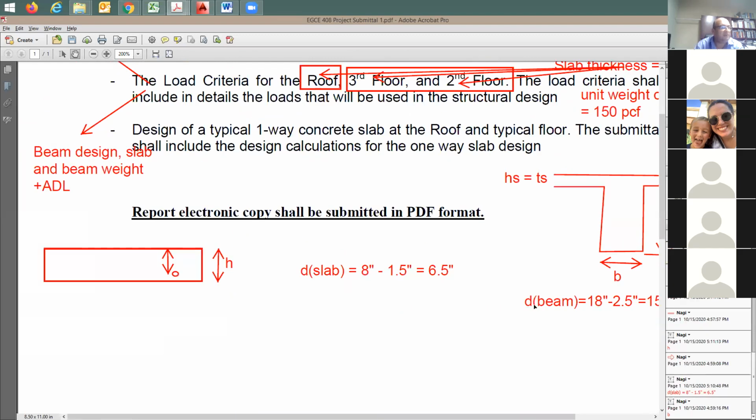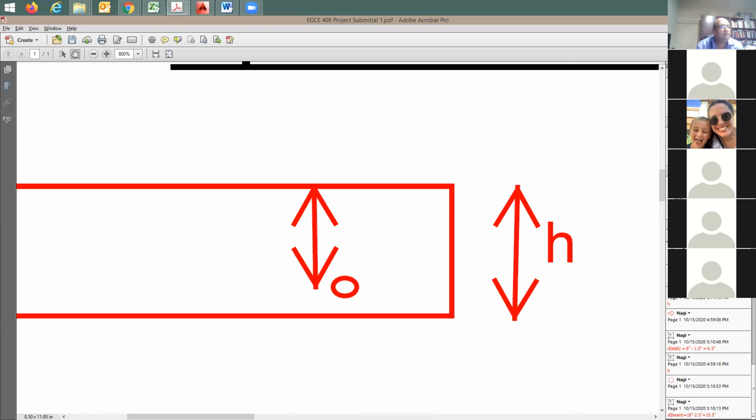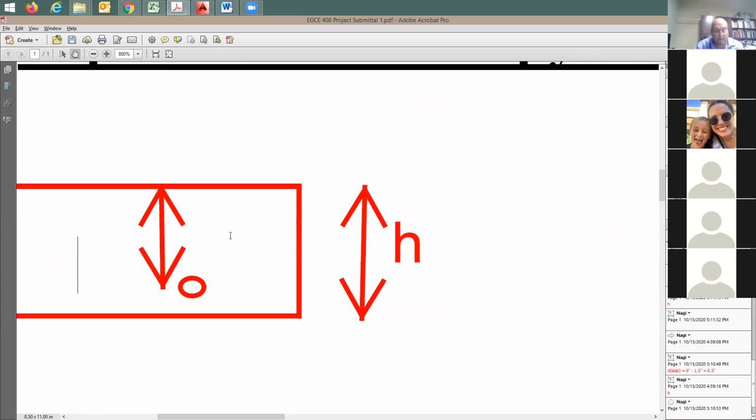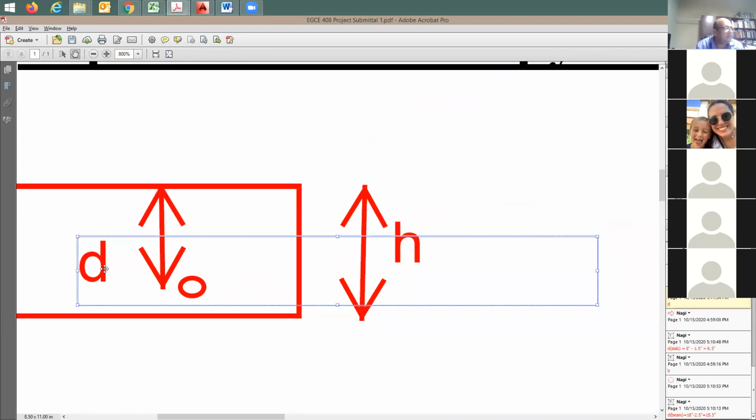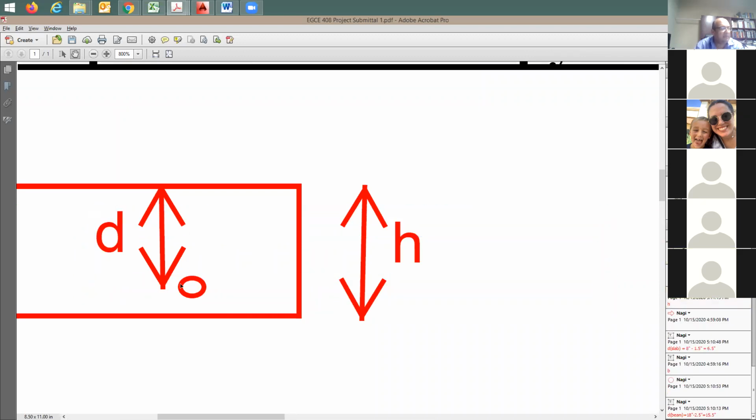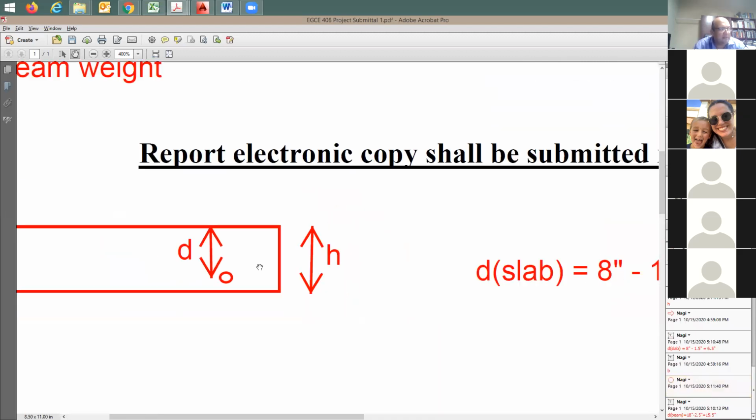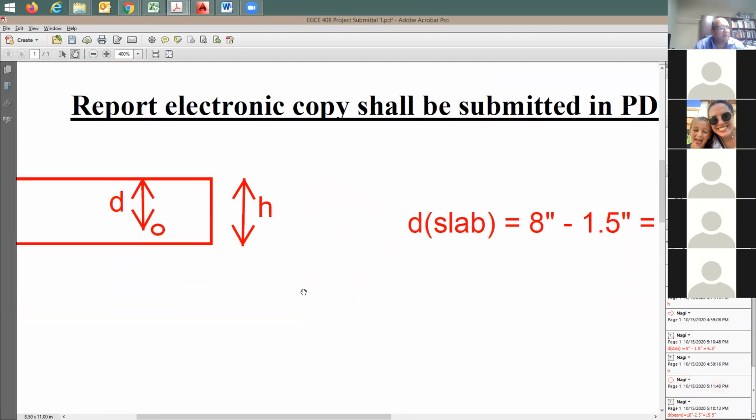This is going to be D for the slab. So this here is D of the slab to the center of the rebar. This is going to be H for the slab. Are we clear now about the difference between depth and thickness? Okay, good. All right, great.